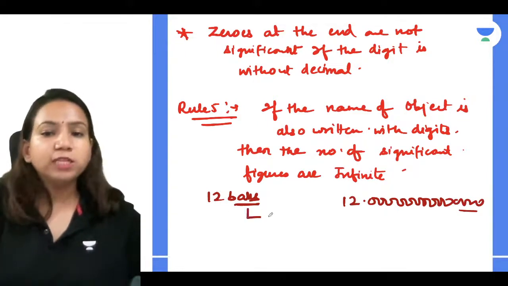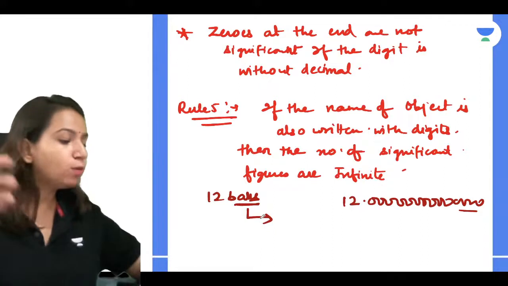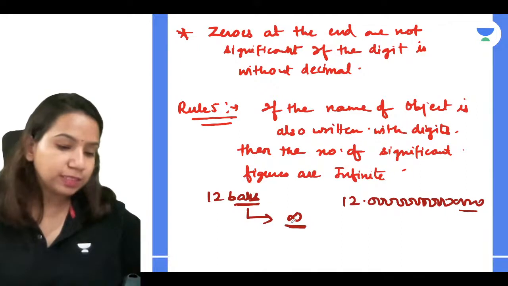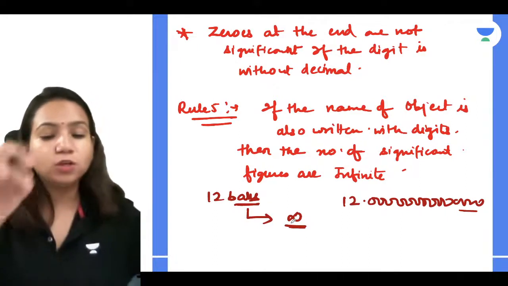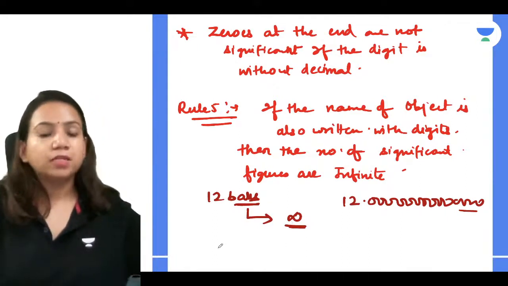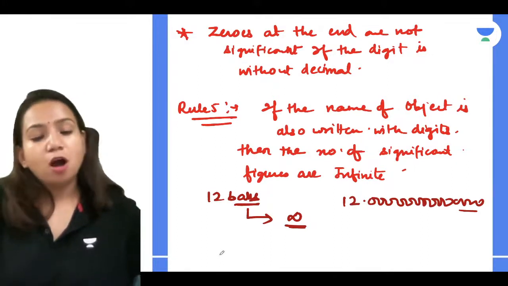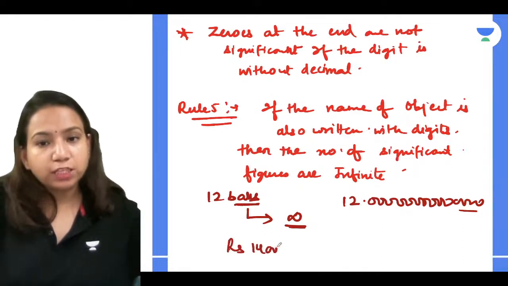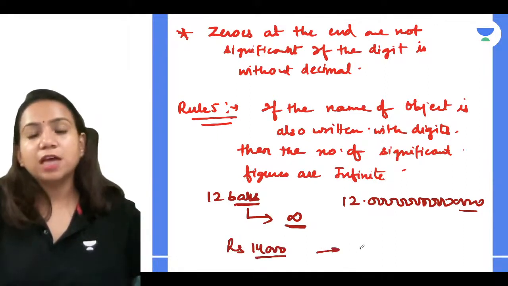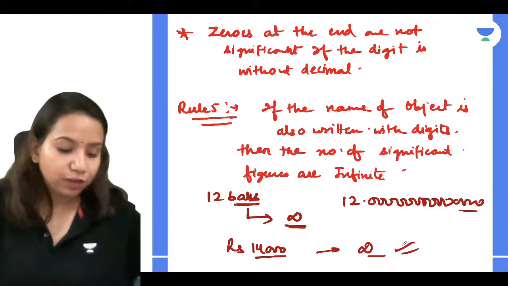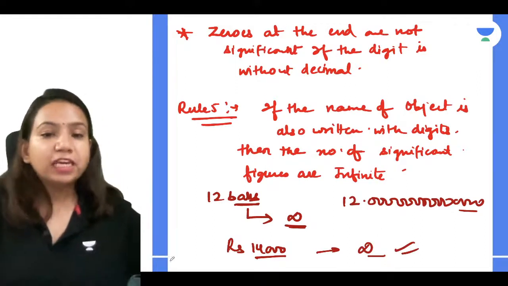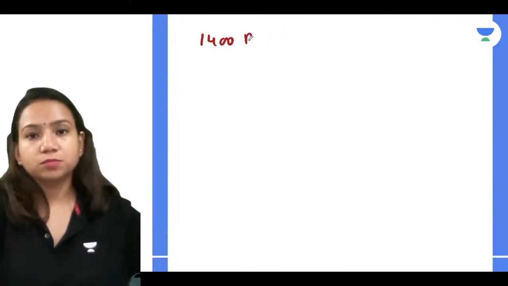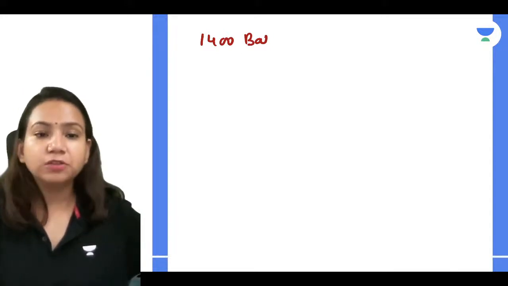So the moment they objectified it, the rule which is decided is that the moment they have mentioned what object it is, you are going to say that it has infinite significant figures. Like suppose they are mentioning rupees 1400, you have objectified it, so it has how many? It has again infinite significant figures. If you have mentioned any value with the number, like you have written 1400 balls or pens or pencils, right?